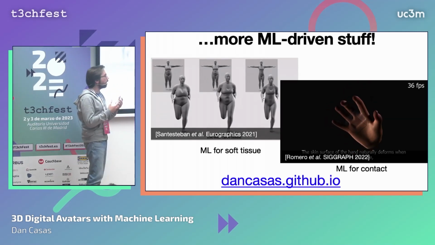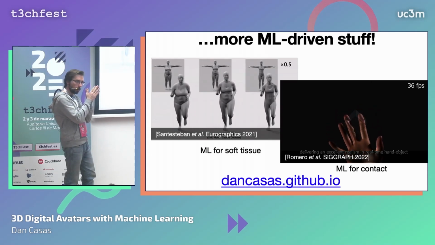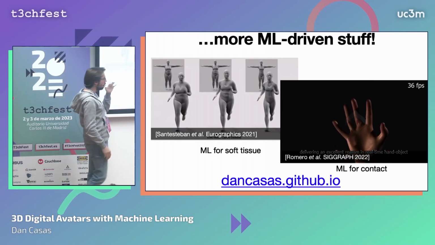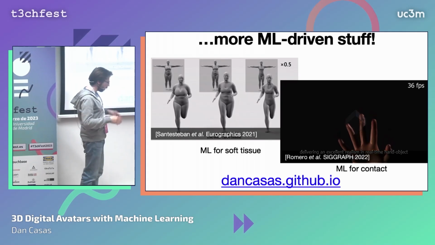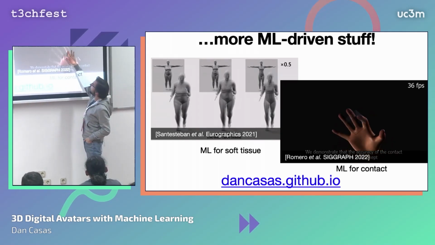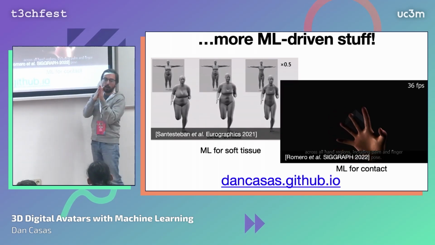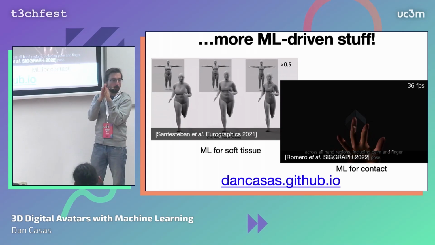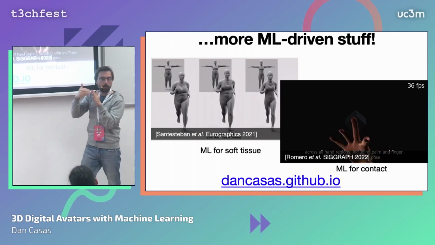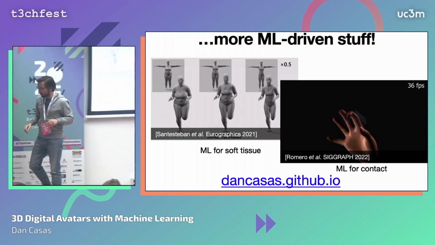So it's really hard to make computers reproduce the deformations that our hands suffer due to contact. In this project, we coupled physics and machine learning, and you should see a semi-transparent cube here and a hand that's manipulating the cube. The skin of the hand very softly deforms when it touches the edges of the cube. And all this is also predicted with a mixture of physics and machine learning.